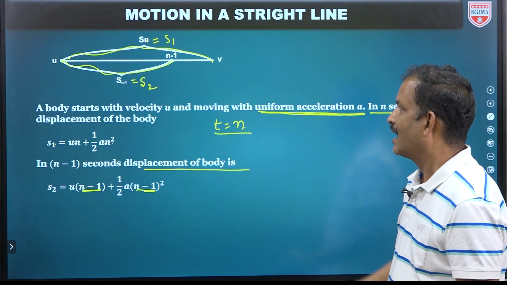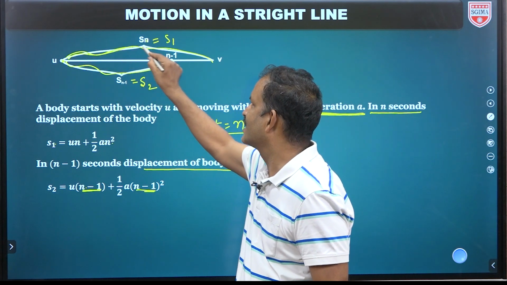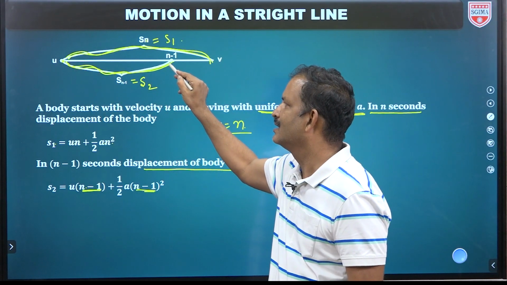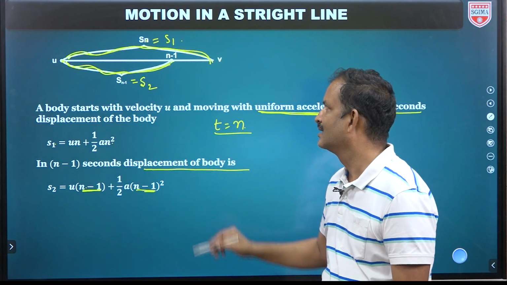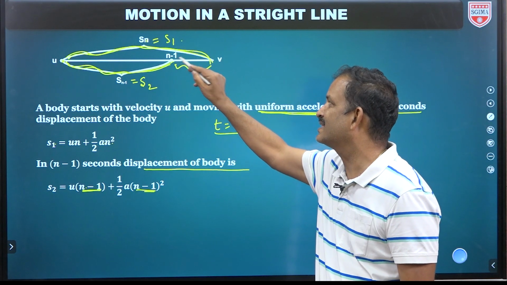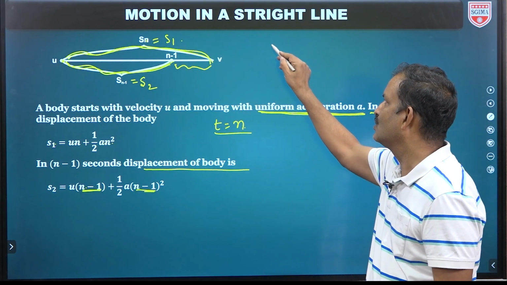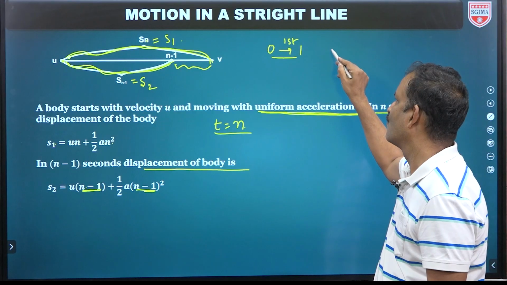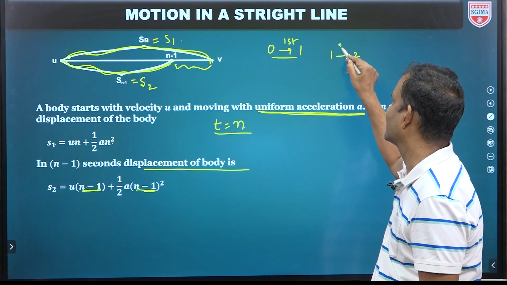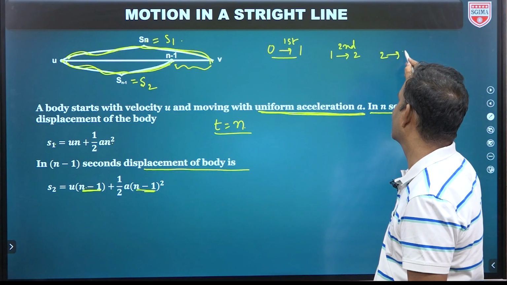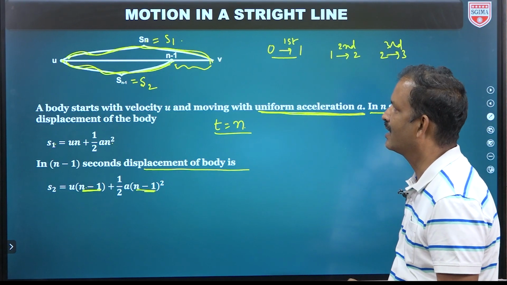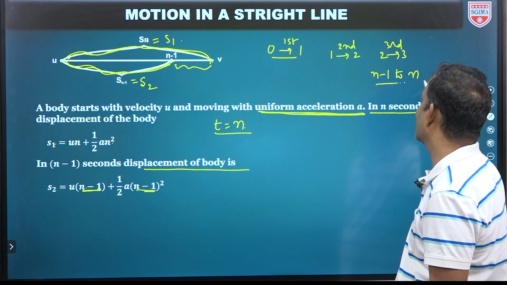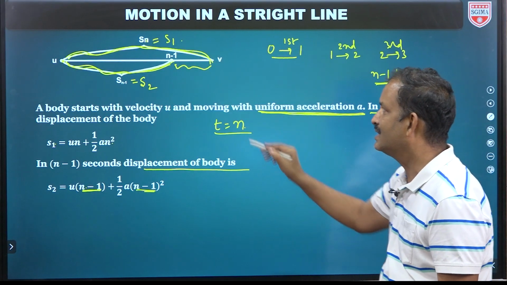Here, I calculated this displacement in n seconds, and this displacement in n minus 1 seconds. Then I have to find out the nth second: 0 to 1 is the first second, 1 to 2 the second, 2 to 3 the third second, and this way n minus 1 to n is the nth second.